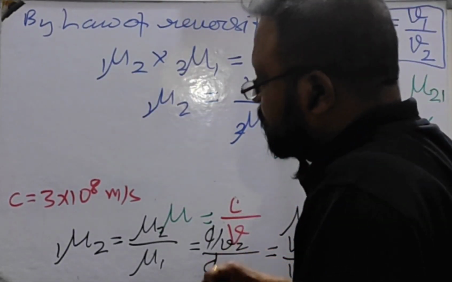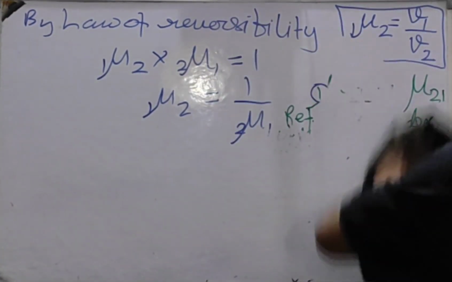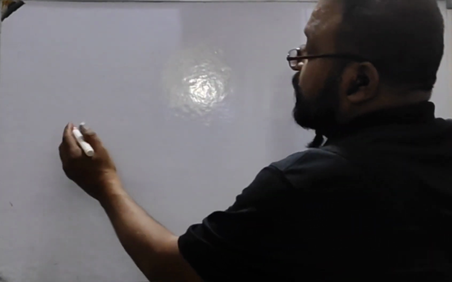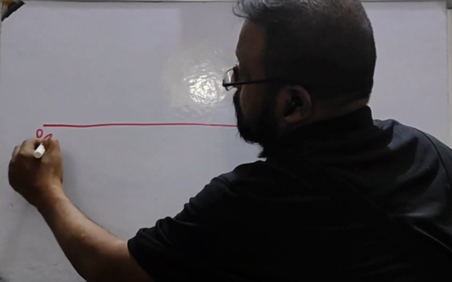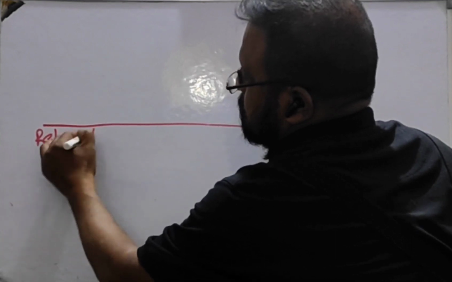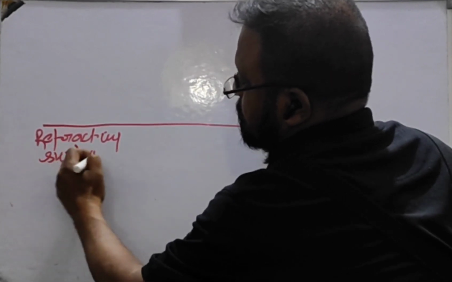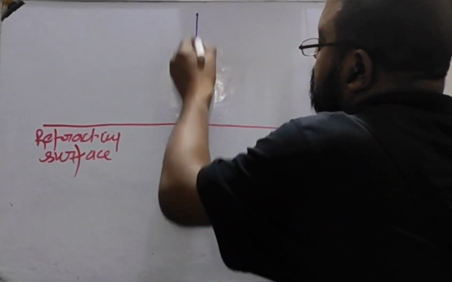Okay. The last topic which I would like to discuss this time: there is a refracting surface, and this is the normal.